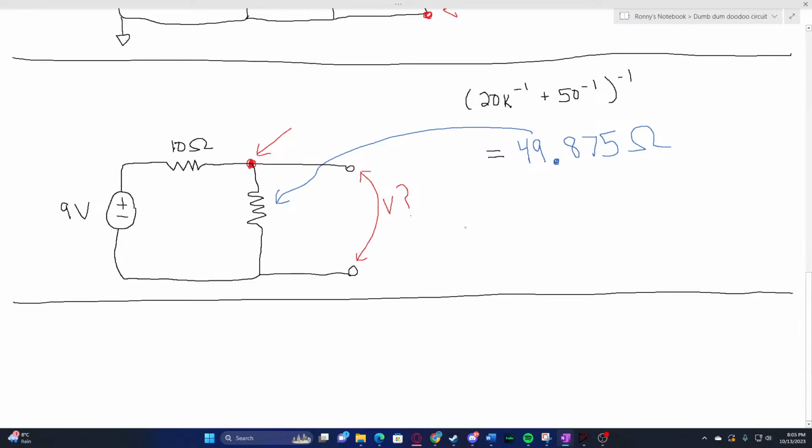We do 9 times 49.88 ohms. I'm rounding just to make room here. Right, we do add these together, so it's still like this. I'm going to calculate using the real values.